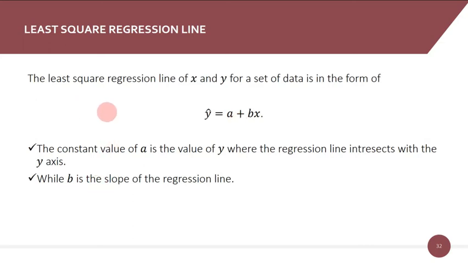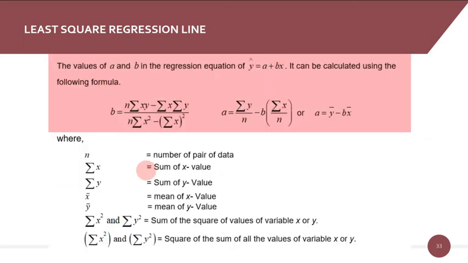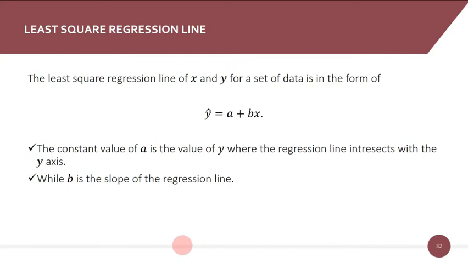So if you have an x and y-axis, a is the value when the line intersects with y, which is when x equal to 0.